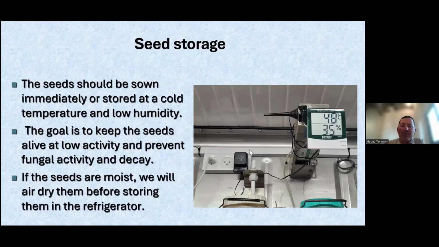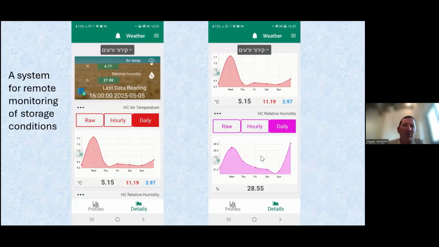You can see here in the picture that we have here some antenna, and the antenna just sends to my phone all the time all the data about the temperature and the humidity in the refrigerator room. And this is what I can see in my phone. So I have a remote monitoring, and I can see the temperature and the humidity all the time.